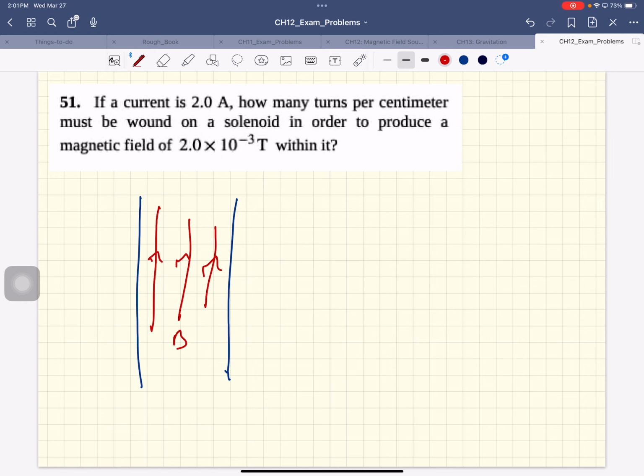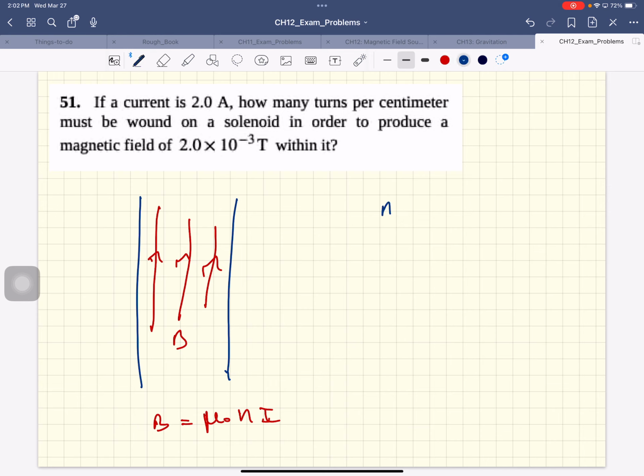The magnetic field is given by mu naught N I, where N is the number of turns of wire around the solenoid per meter. And the current is given to be that. How many turns per centimeter must be wound?